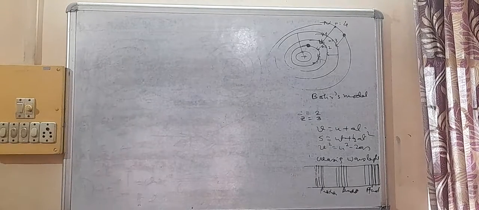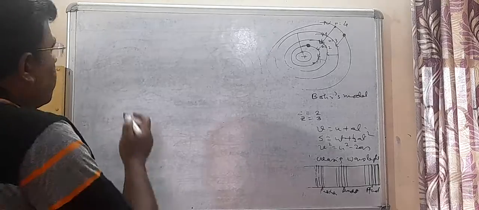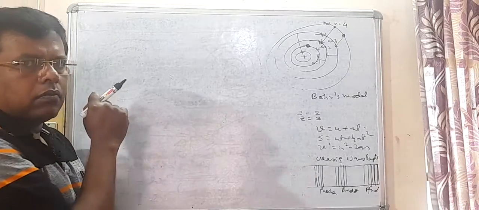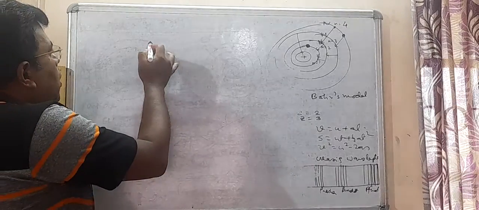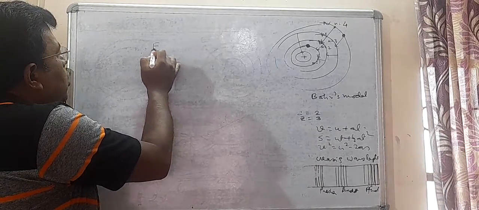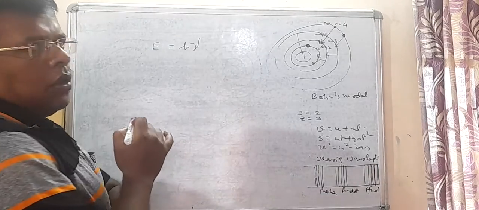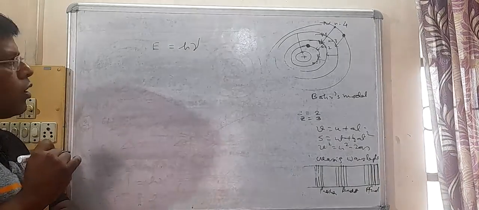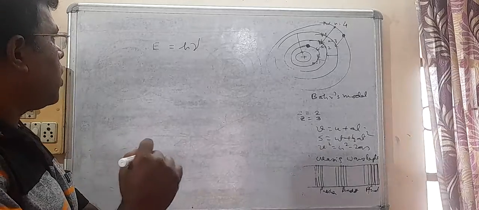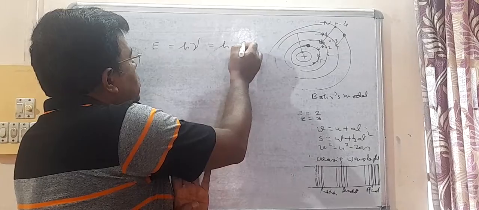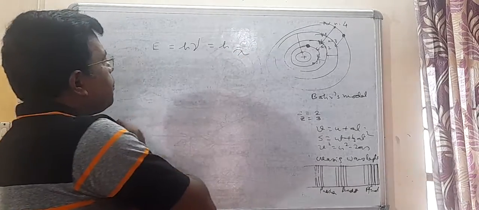Suppose we know from Planck's quantum theory of radiation, E is equal to h nu. The energy of a quantum is given by E is equal to h nu, and we can write h c by lambda.